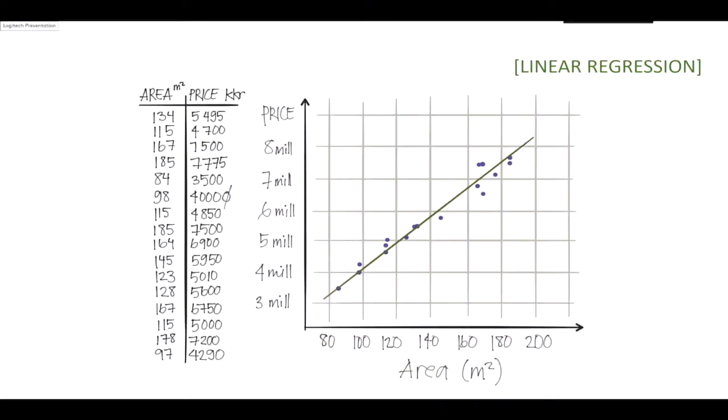In this case, a straight line, because the points kind of look like a straight line. So we can approximate the points to a straight line. And this straight line is called linear regression. This is one of the algorithms that we use in machine learning. It's not super common because it's kind of rudimentary, but it's the basis for many other machine learning algorithms.